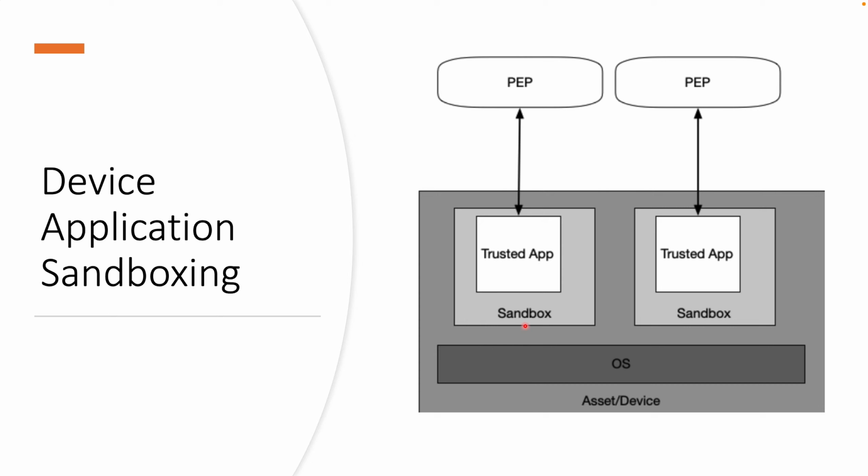The last deployment model is device application sandboxing. This deployment is hard to maintain because this model first checks all the applications. You can see they are marked as trusted applications inside this box. First, it checks the applications that need to request enterprise resources, and after checking, puts these applications into this sandbox.